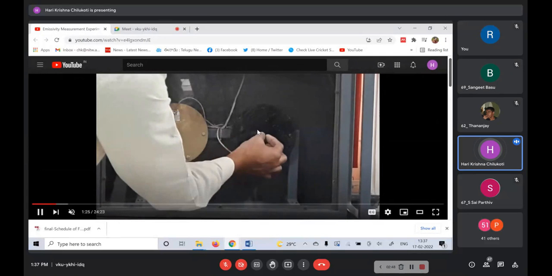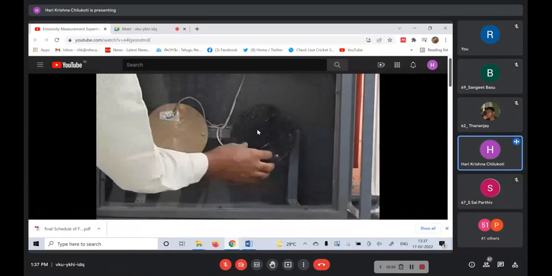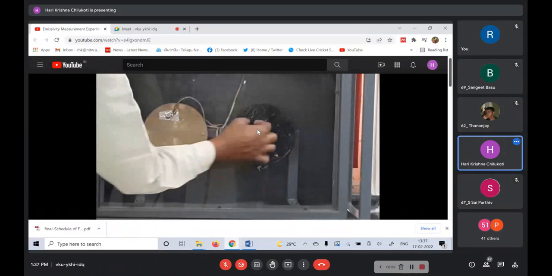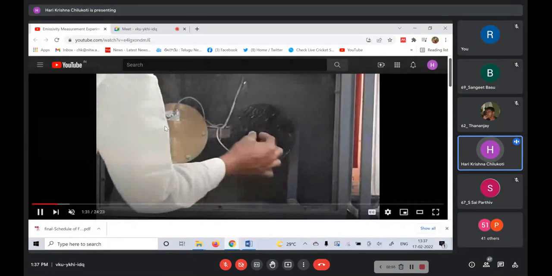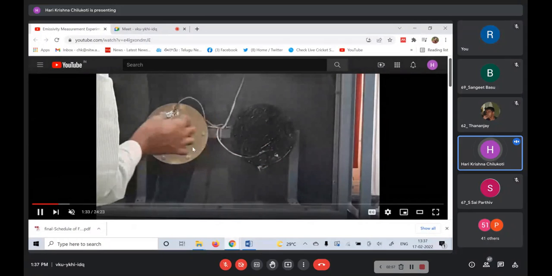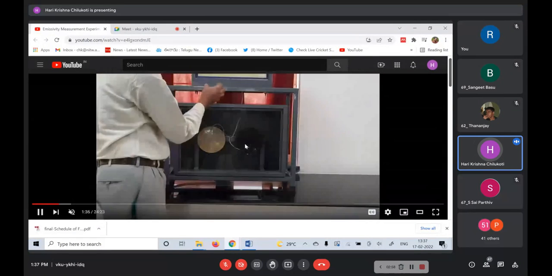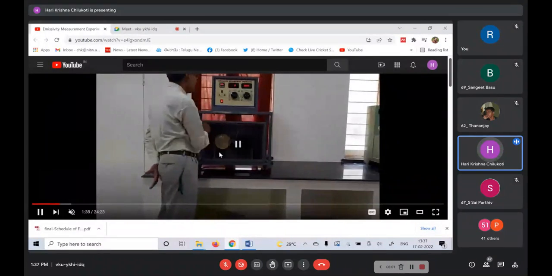In this experiment, we will give two different inputs: one amount of power to the test plate and another amount to the reference plate. The amount of input is controlled by changing the dimmerstat, which is this black box.